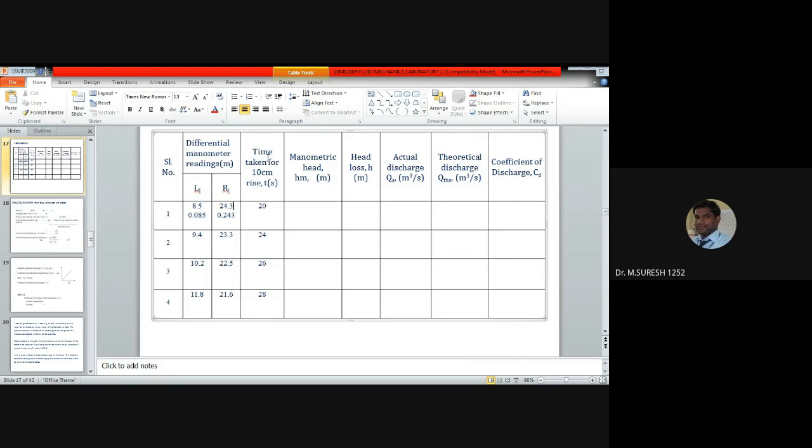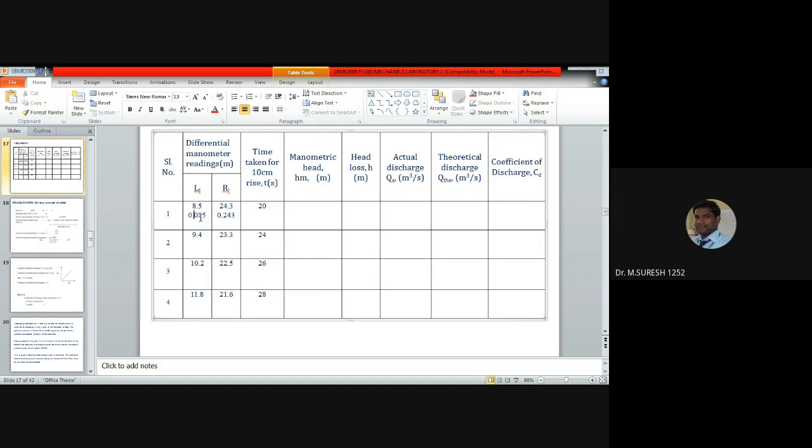And time taken for every 10 centimeter rise of water: 20 for the first trial, second trial 24, third trial 26, fourth trial is 28. So these are 4 trial readings. You have to convert into meter. One sample value is also given here, showing how to convert centimeter into meter. Clear?